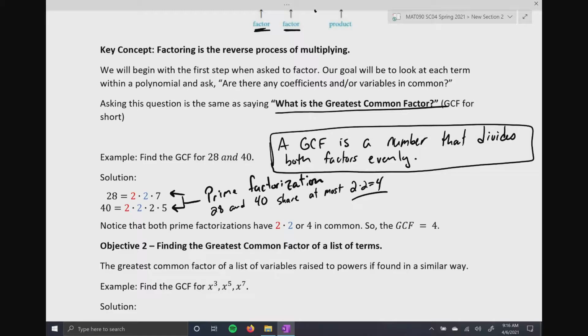In other words, 28 divided by 4 is 7. No remainder. That's what we mean by evenly. There's no remainder. So 28 divided by 4 is 7. 40 divided by 4 is 10. There's no remainder. That is the largest number that I can divide into both of those numbers. So if I'm asking you to find a GCF, what I'm really asking you is to find that common number that divides evenly into both factors.